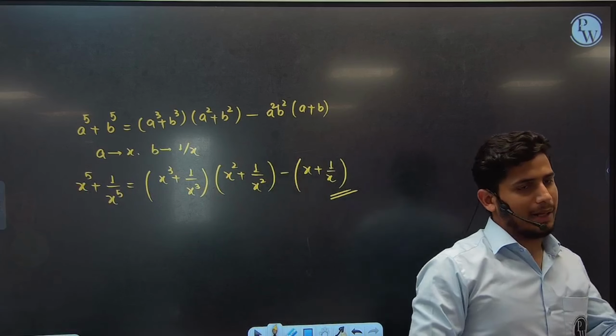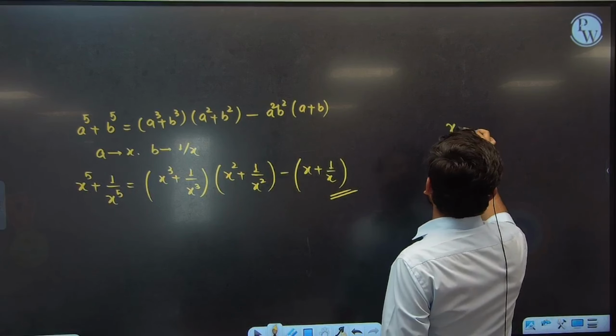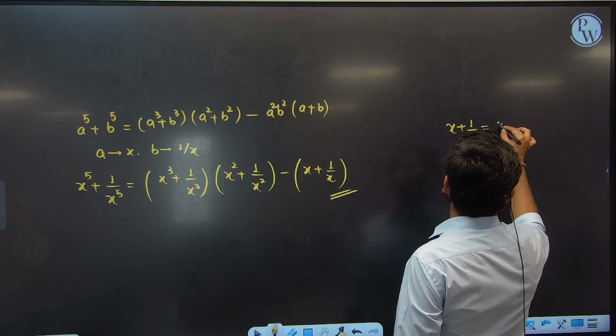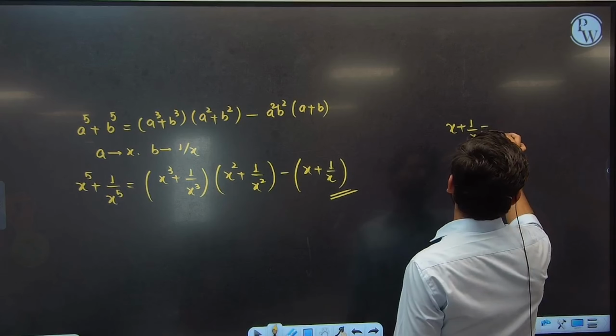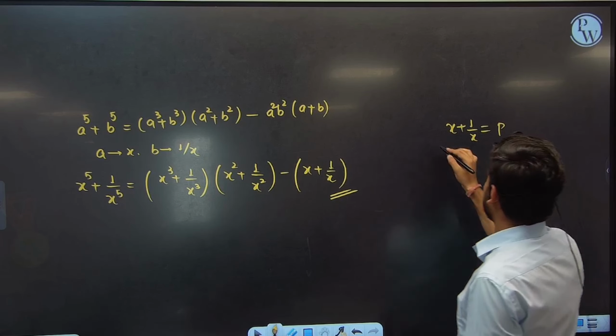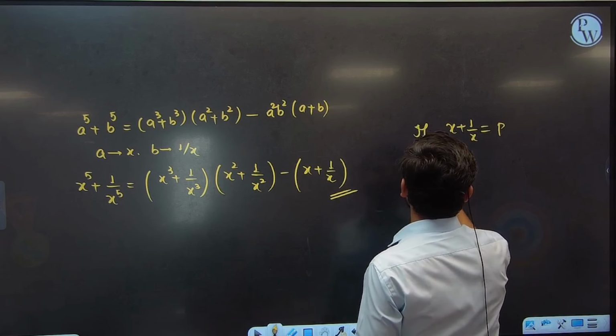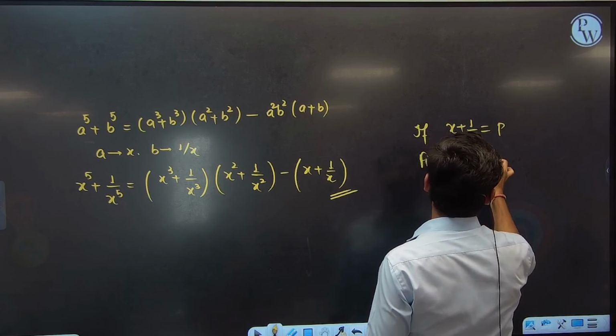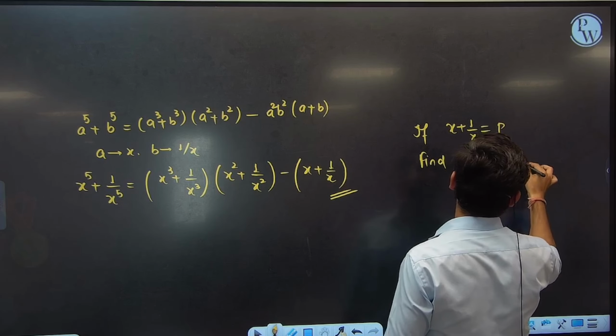Okay, now tell me, if x plus 1 upon x is equal to p, then find x to the power 5 plus 1 upon x to the power 5.